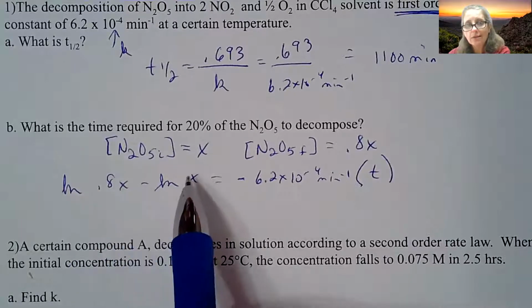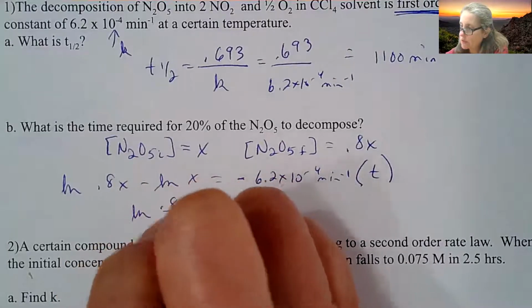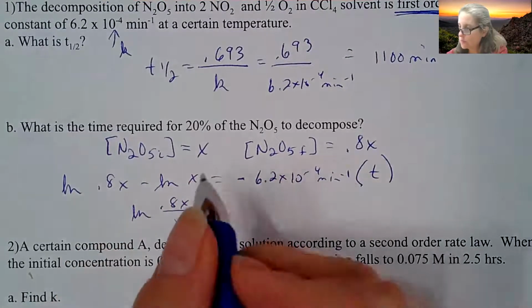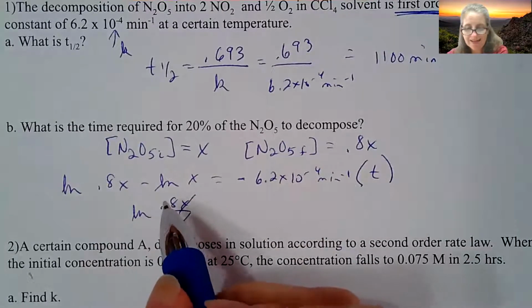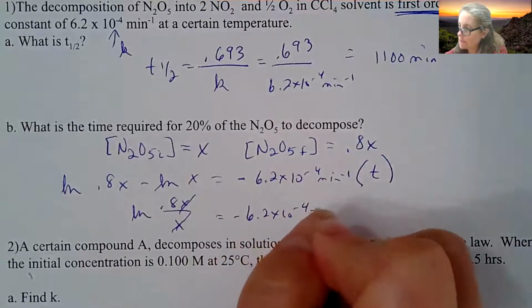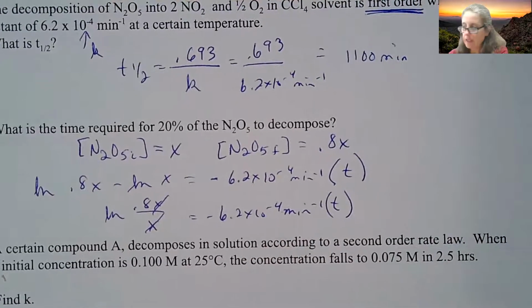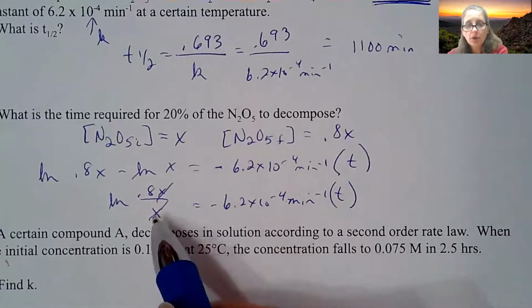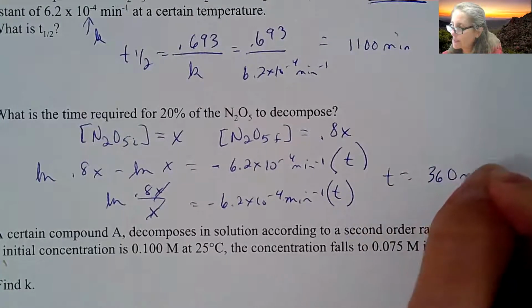If you subtract logs, it's 0.8X over X, so you're dividing the two. X cancels, so you're taking the natural log of 0.8 equal to negative 6.2 times 10 to the -4th inverse minutes times time. Try this in your calculator. The time you should get is about 360 minutes.